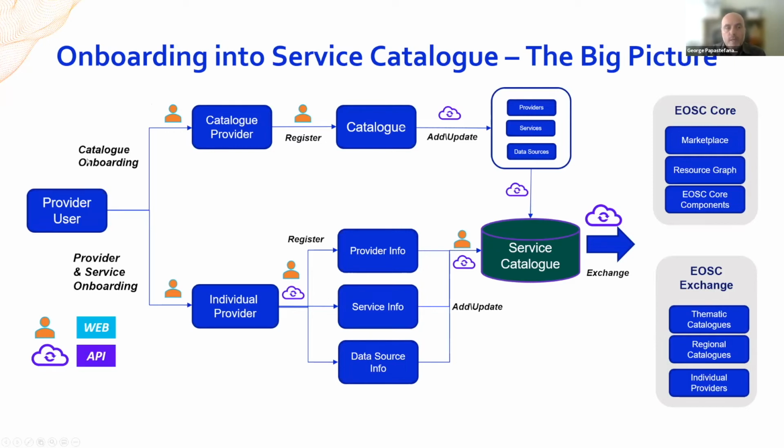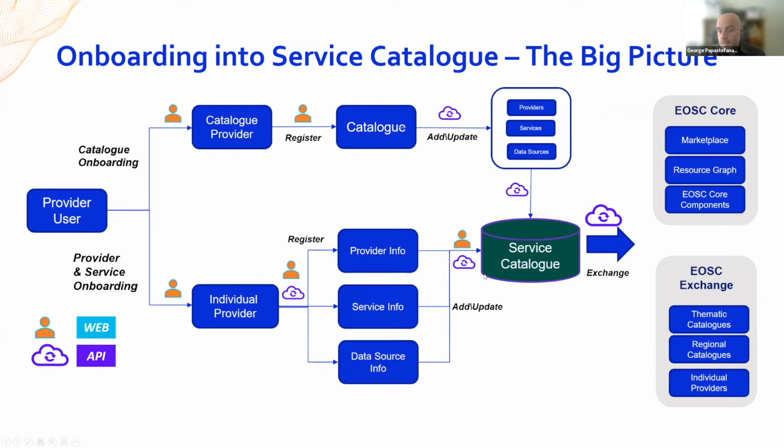But it will also include organizations that act on behalf of other individual providers to onboard a catalog and start using the APIs to update providers, services coming from these providers and data sources, and to synchronize catalogs with the EOSC service catalog.